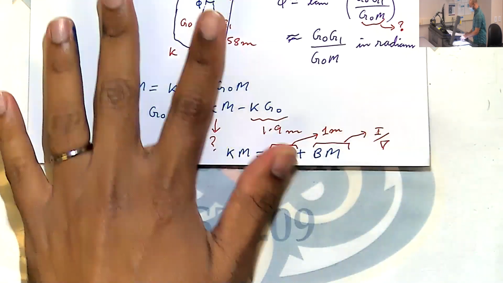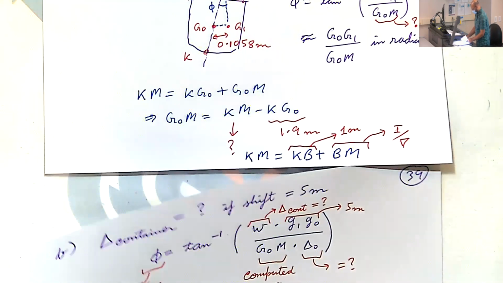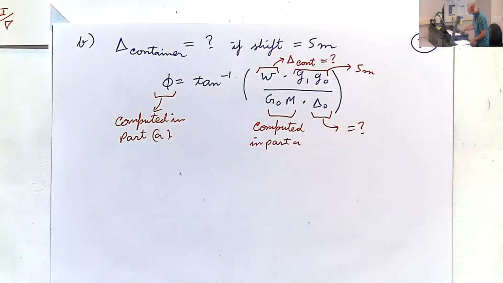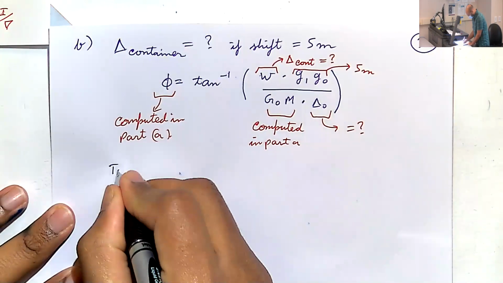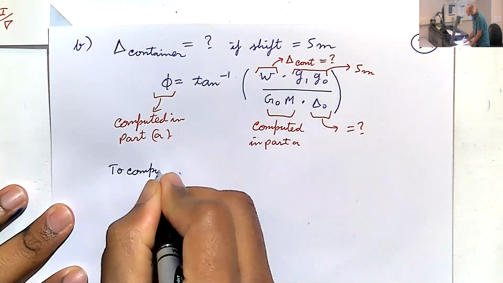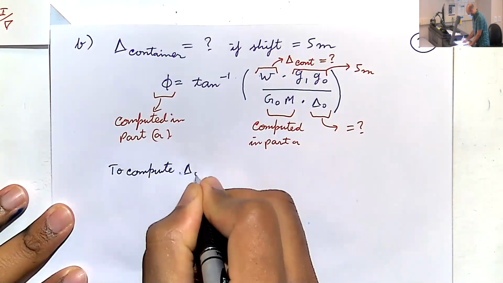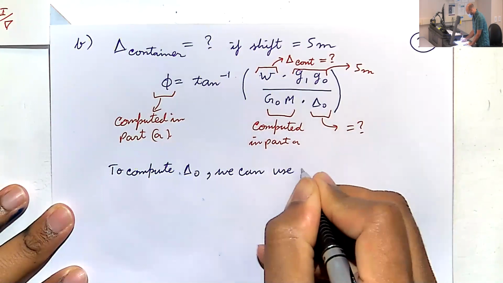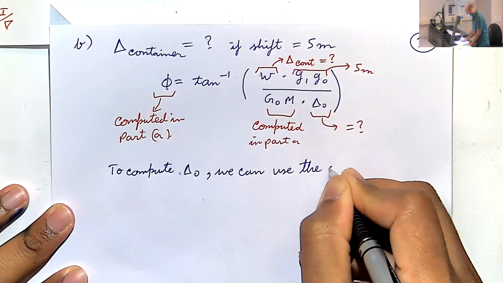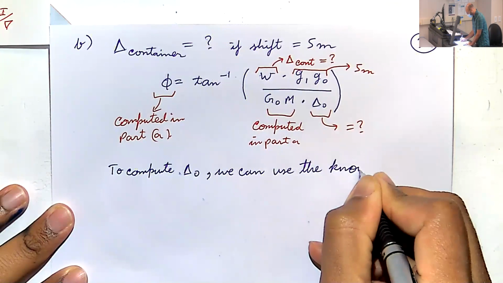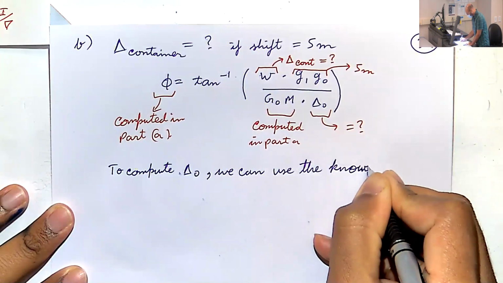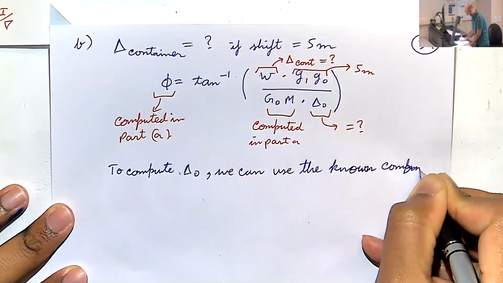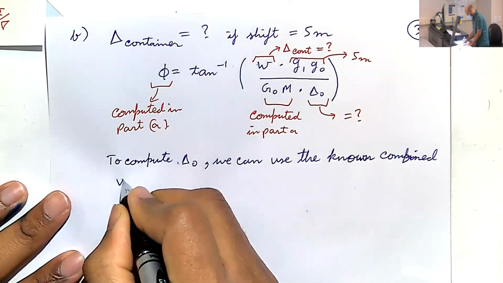So to compute delta 0, we can use the known combined displacement, the volume displacement.